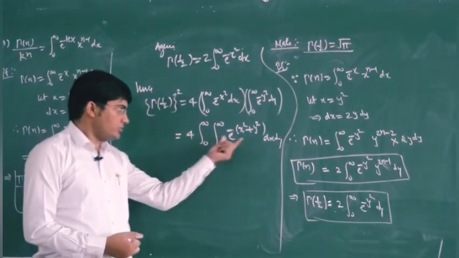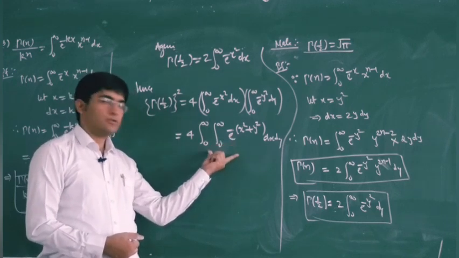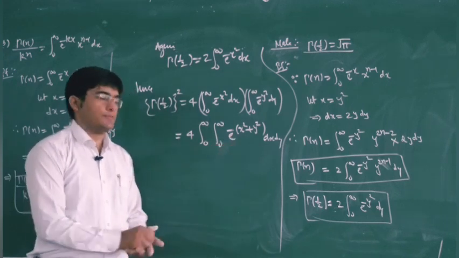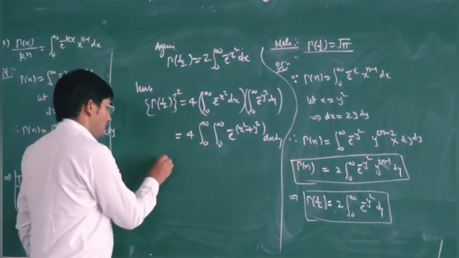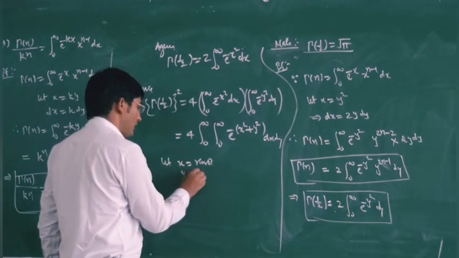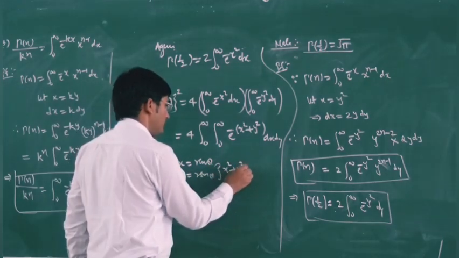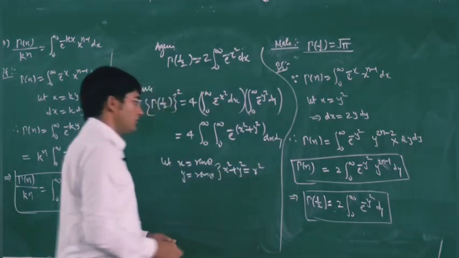Now let us reduce this double integral to polar coordinates. For that, let x equal r cos theta and y equal r sin theta. So x square plus y square will be r square.